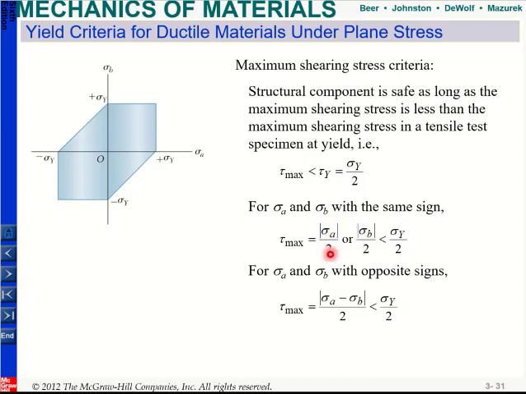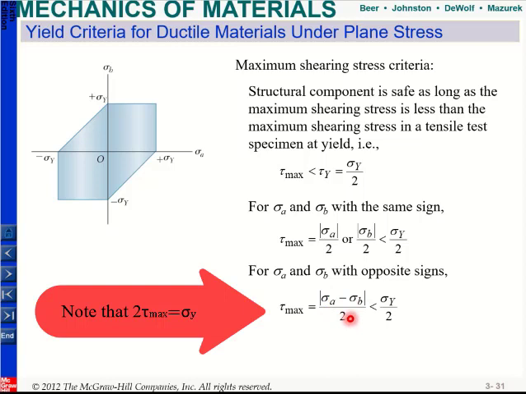After you determine it, you divide it by 2, and if it is less than sigma y over 2, you are safe. If they have opposite signs, you need to take the difference between your principal stresses and divide by 2, and it should be less than sigma y over 2. So this is the yield criteria for ductile materials using the maximum shearing stress criteria.